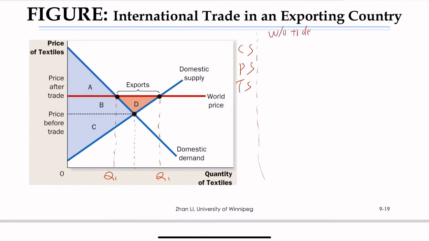So there's no trade. And then we will discuss the case with trade. Then we will look at the change in consumer surplus and producer surplus and total surplus. Okay, that's great.